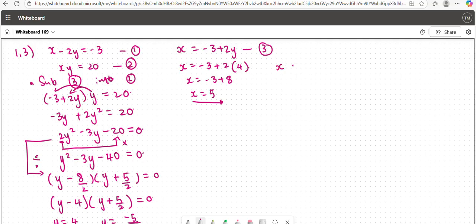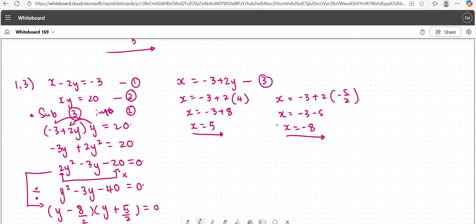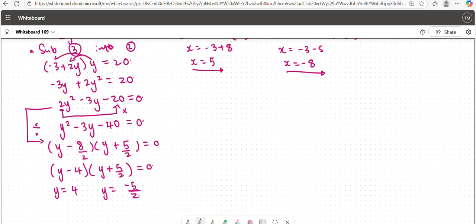The other one, negative 3 with a negative 5 over 2. Yep. And what this gives me, negative 3 minus 5, this gives me a negative 8.